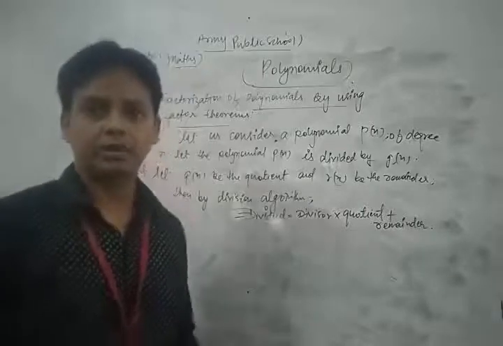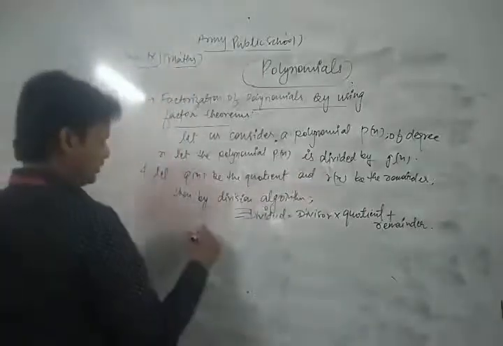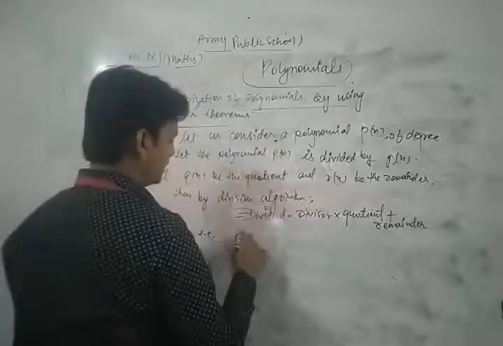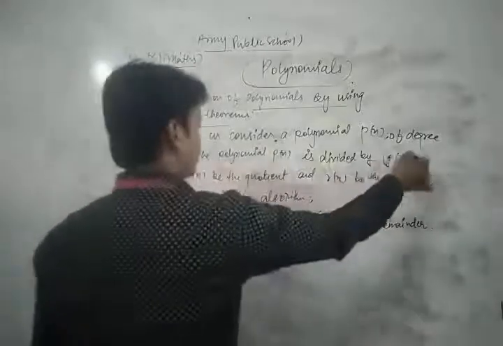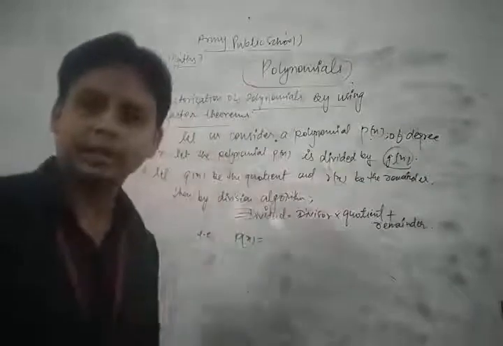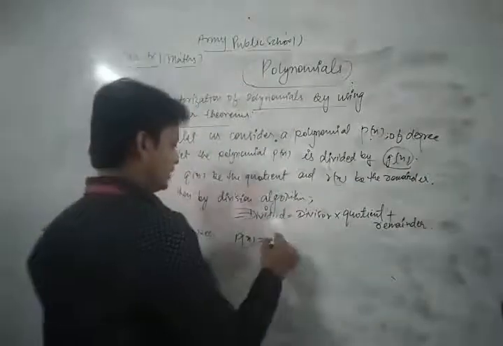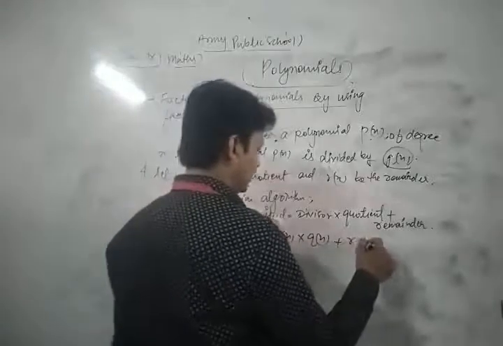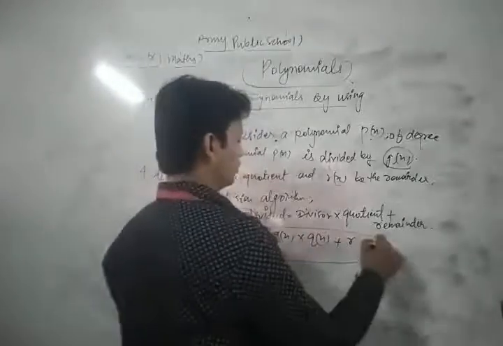This is very important. Here the dividend is p(x) and the divisor is g(x), because we divide p(x) by g(x), and the quotient is q(x) and the remainder is r(x). So this is the division algorithm.